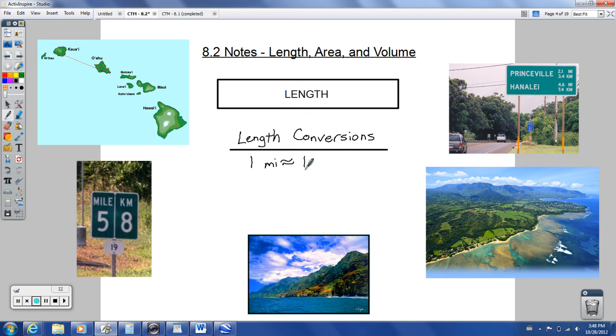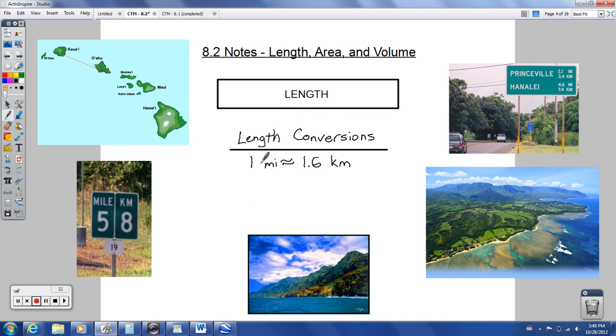One mile is about 1.6 kilometers. If you look at this mile marker over here, I think I even remember seeing this sign. This one was on the big island of Hawaii, a little north of the city of Hilo. If you take 1.6 and multiply it by 5, you get about 8, and you do get 8, actually.